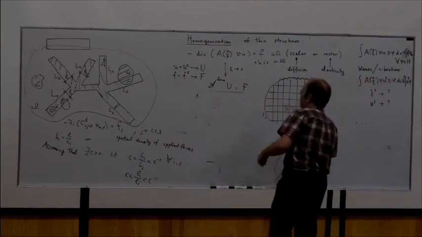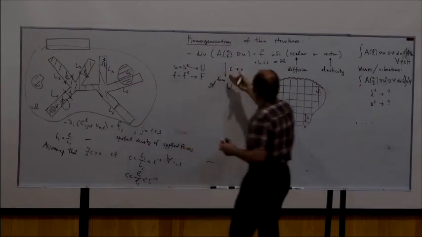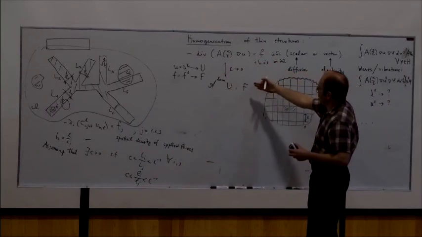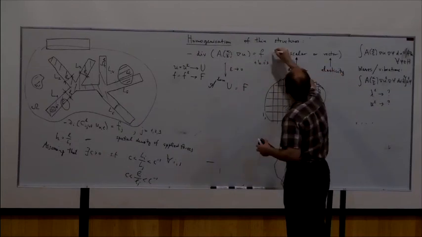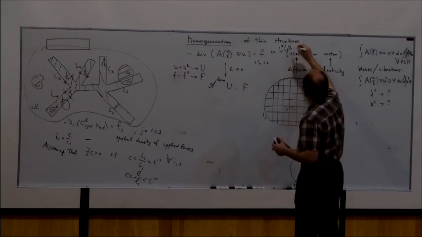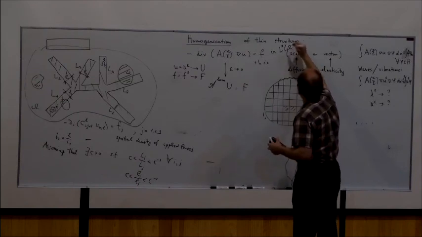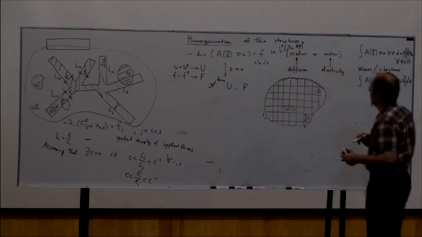So for a singular structure, I actually don't need to erase anything here. I just say that I'm studying this equation in the sense of functions in L2 on omega with respect to some singular measure mu, right?